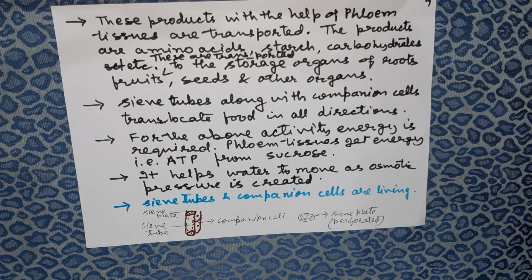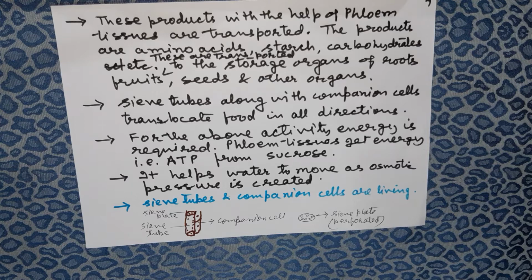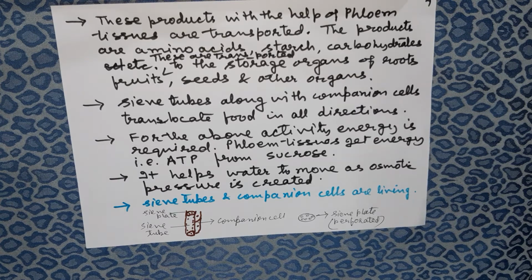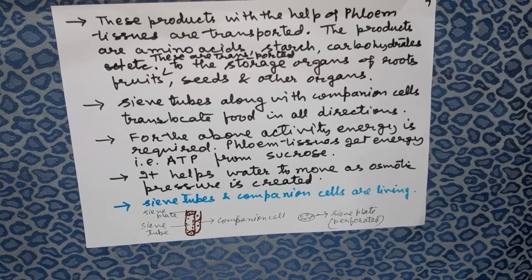Remember here one more point, that for such activity energy is required, and that energy is provided to the phloem tissues from the cells where sucrose is present. Generally these are green leaf cells. They provide the energy in the form of ATP, adenosine triphosphate.